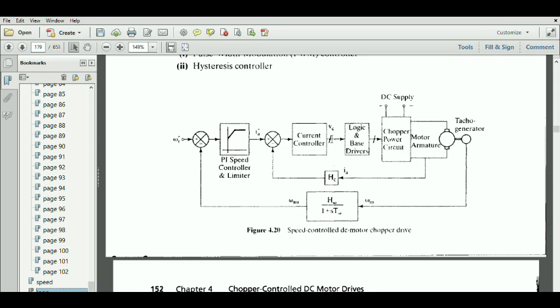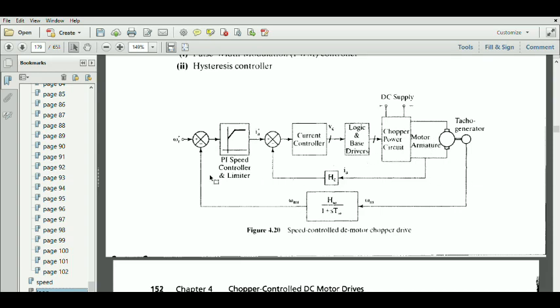So now we have designed IA divided by IA star, that is the transfer function. Now we want to design the speed control, the PI speed controller, which is used to control the speed. Actually, this current is controlled here.